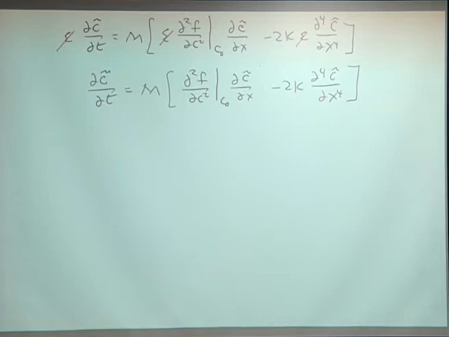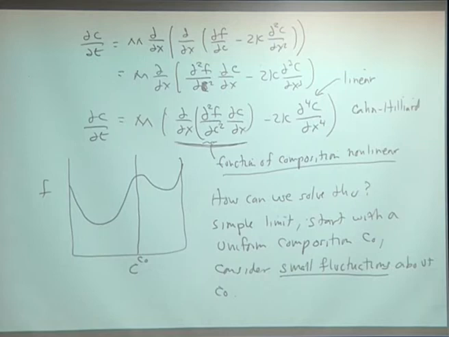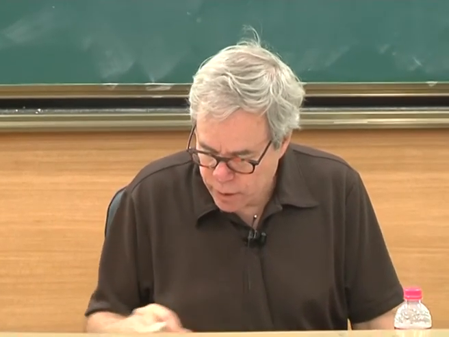But let me just step back here for a second. So let's go back. In the original Cahn-Hilliard equation, we had something that looked like this. It looked exactly like what I just derived, very similar. The only difference is that here, this term is a function of composition, whereas this term is evaluated at the initial composition.